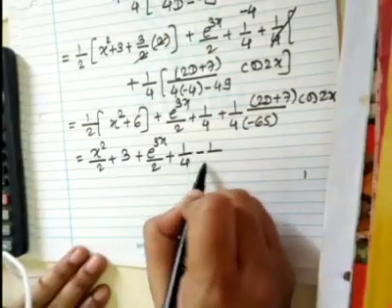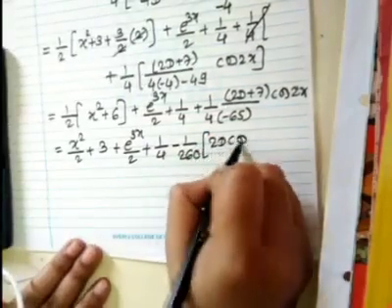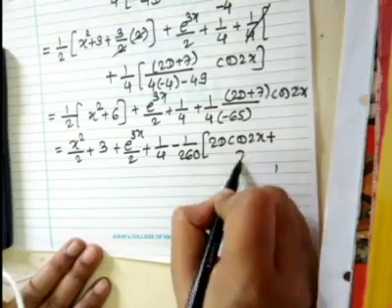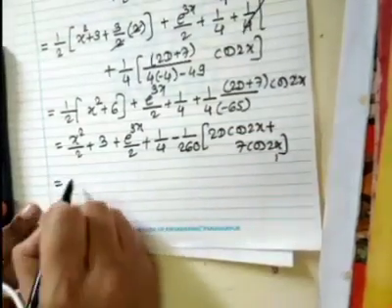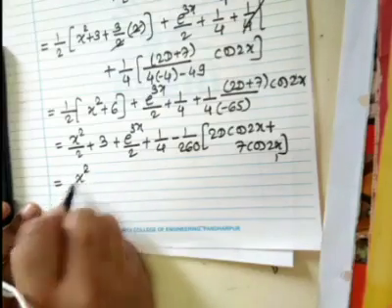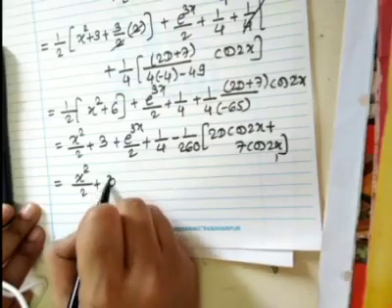So minus 1 upon 260 into 2D cos 2x plus 7 cos 2x, that is equal to x square by 2 plus 3 plus 1 by 4. How much is it?